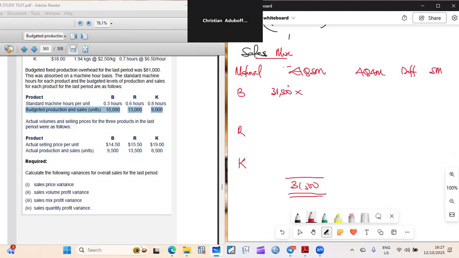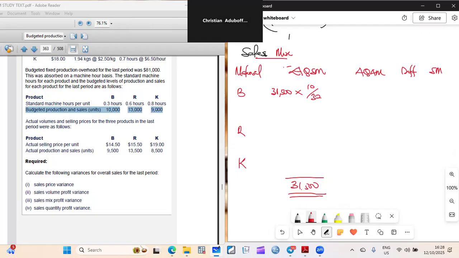For A, 10,000 over how much do you have? 50,000. 10,000 over 50,000, but it's a mix, so reduce it to the barest ratio. Instead of writing the full thing, you can write 10 over 32.